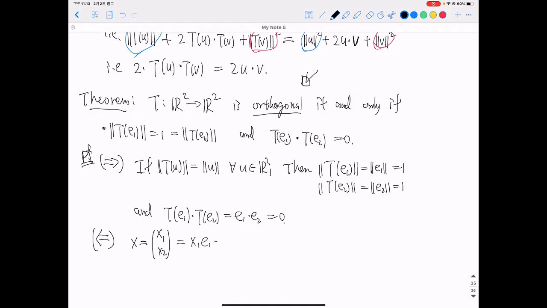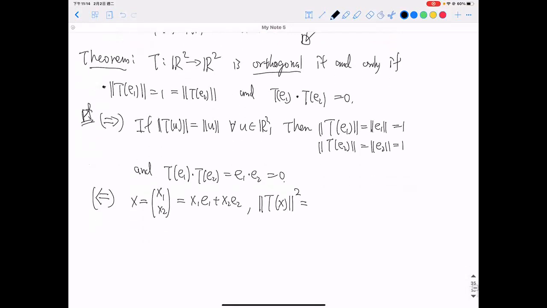So we're using the standard basis, and x is then written as x1 e1 plus x2 e2. I can now compute the length of Tx, or the square of that first. That is, of course, Tx dot with Tx, which is T applied to x1 e1 plus x2 e2 dot with itself.